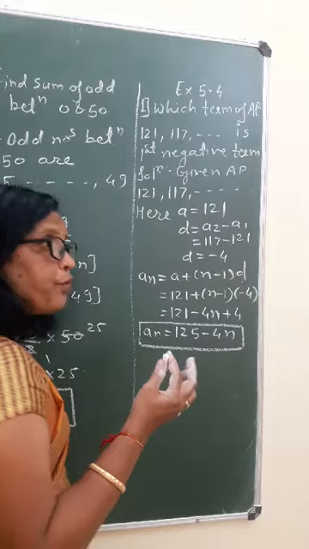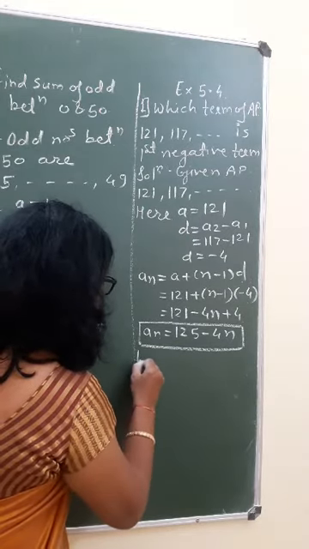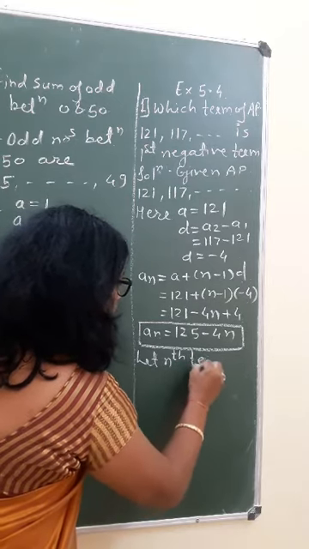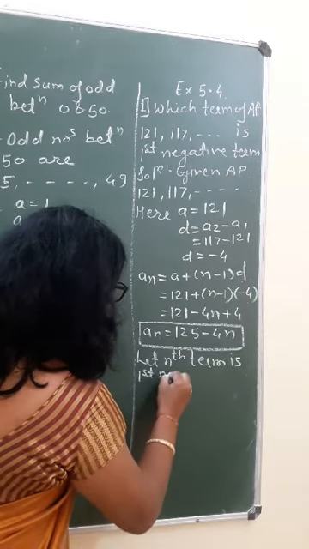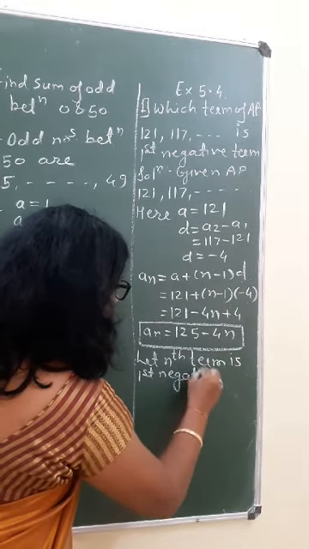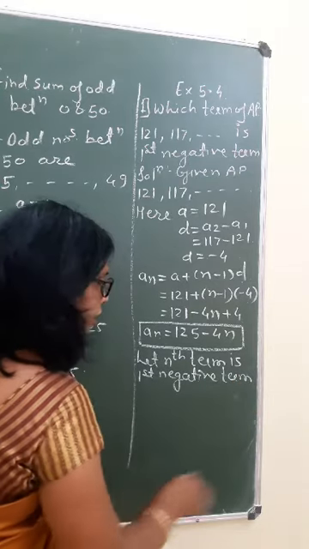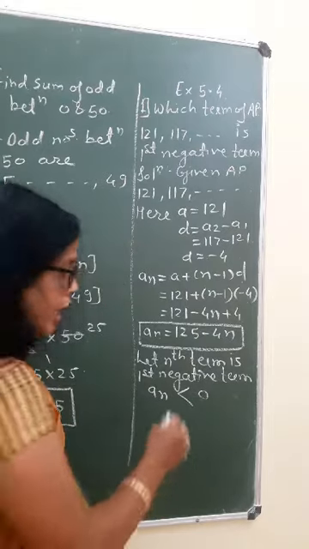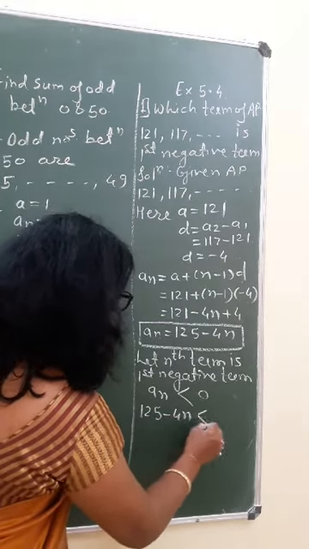We have to find the first negative term. Let the nth term be the first negative term. Means we can consider here an is less than 0. an means 125 minus 4n less than 0.